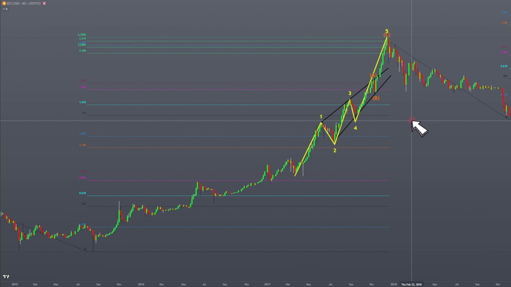Now we see each of these moves here from 0 to 1, the first leg up, and then from 2 to 3, the second leg up, and then from 4 to 5 we see that final leg.